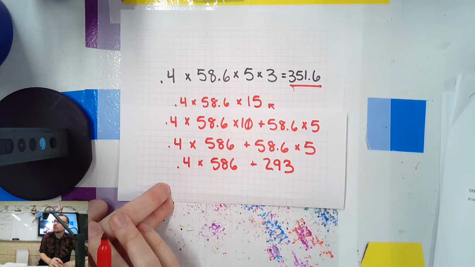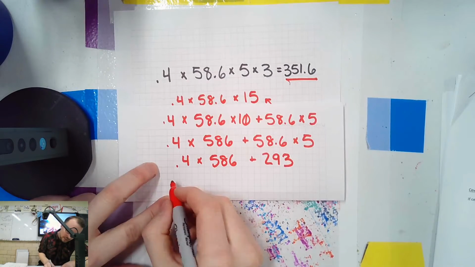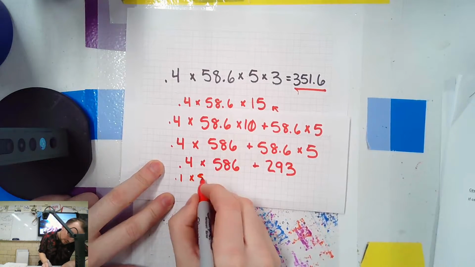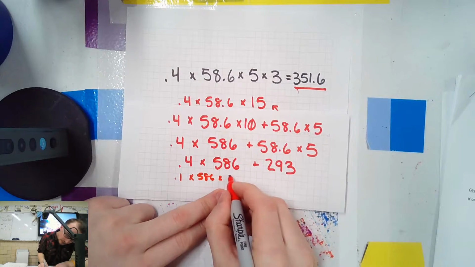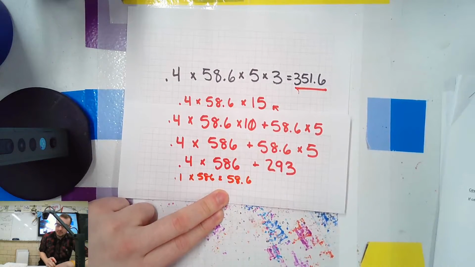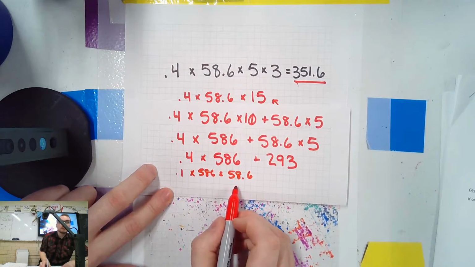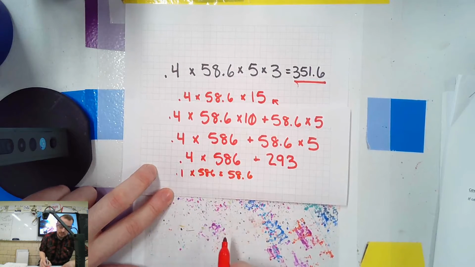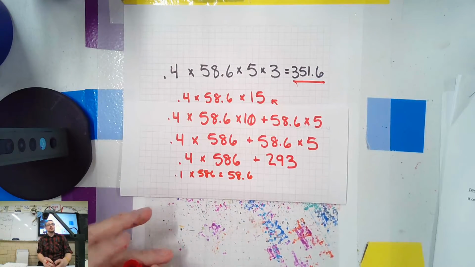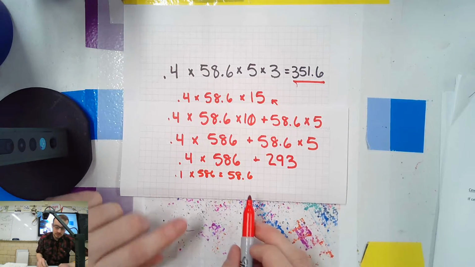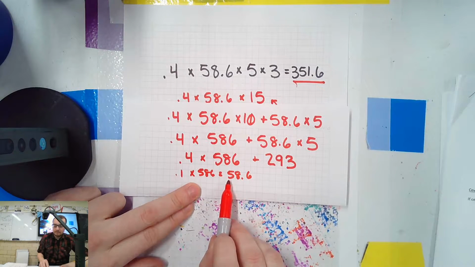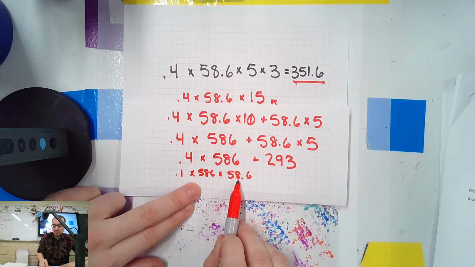And now we're going to times it by 4, quadruple it. So I did 0.1 times 586, and we said that that equals 58.6. Now I'm going to take that number and times it by 4, and I'll get this answer, right? 58.6 times 4. Well, 50 times 4 is 200, right? What's 8 times 4? 32.